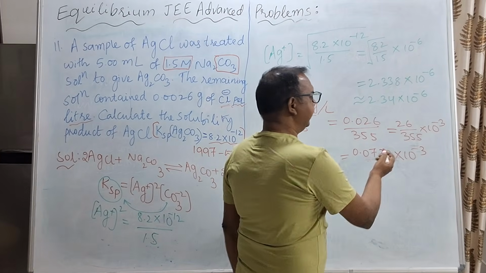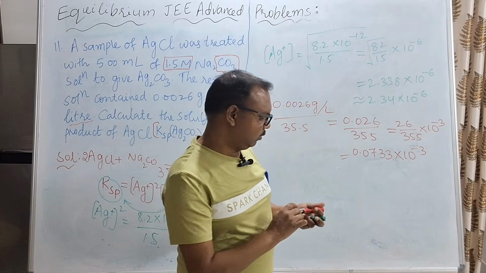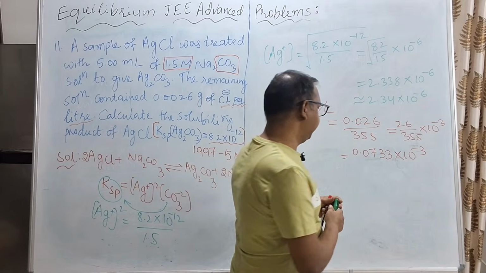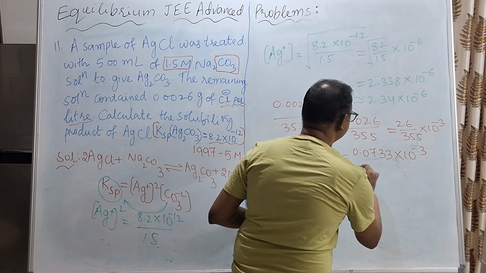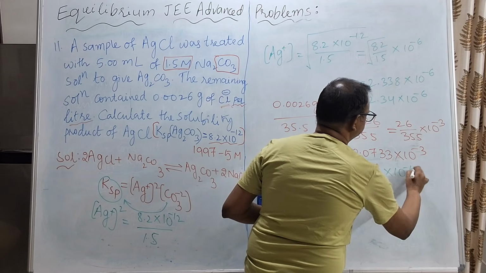Now if you write in scientific notation, it can be written as 7.33 into 10 power minus 5.